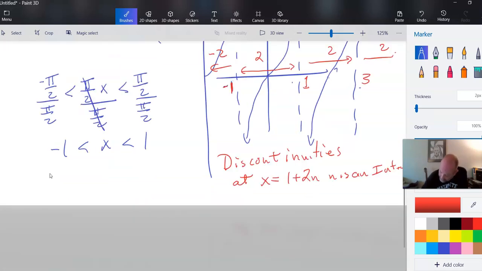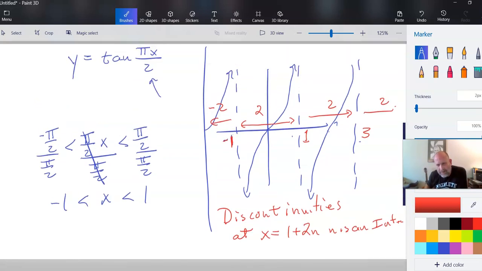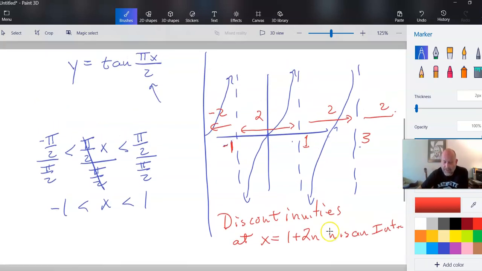Here's the nicer way to write that. n is an integer can be written this way.